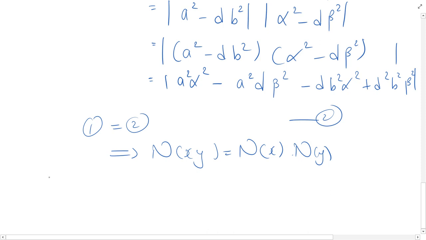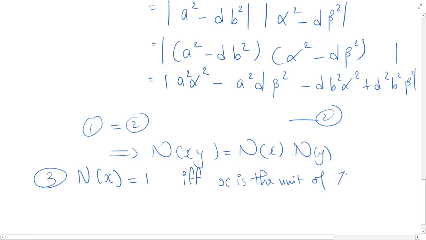Let's talk about the third property, and the most important one I will say. N of x will be equal to 1, that is the norm will be equal to 1, if and only if, you guys can guess it, my x is a unit of my Z square root of d.